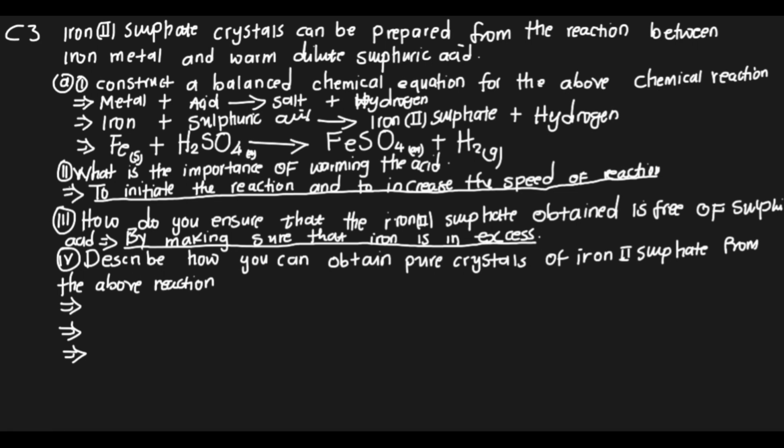Now let's look at Roman number 4. Describe how you can obtain pure crystals of iron 2 sulfate from the above reaction. So I'll give this in point form. The first one, the impure salt that we have, which is iron sulfate, you need to dissolve it.